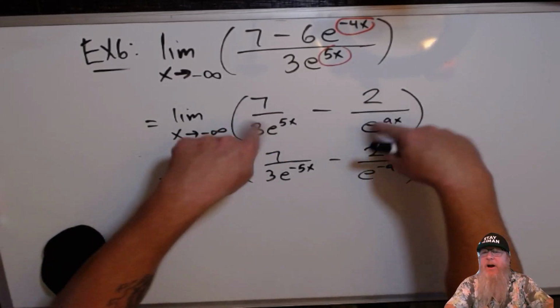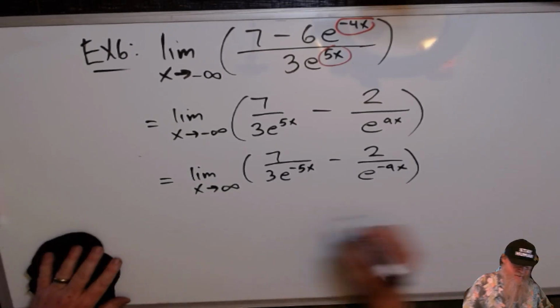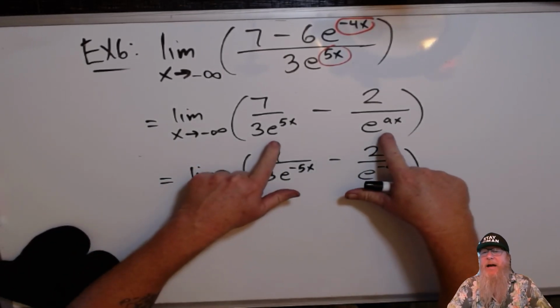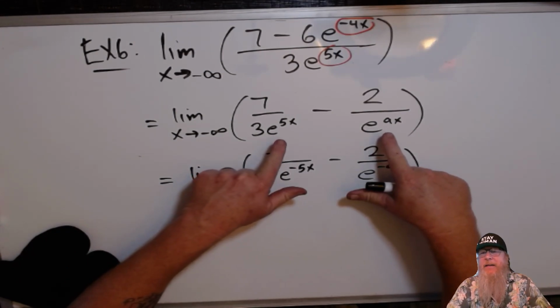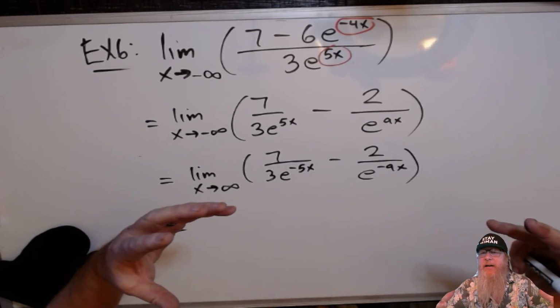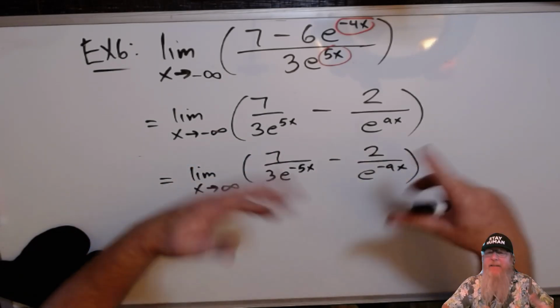I mean, if you already know what these limits are, then that's fine. My problem with leaving them this way is I think that they're getting large, which they are, but they're getting large in the other way.